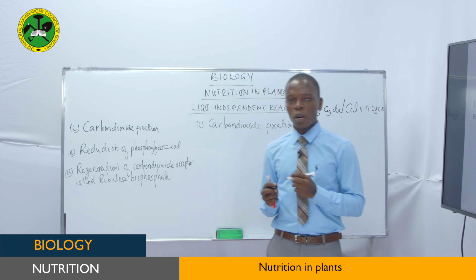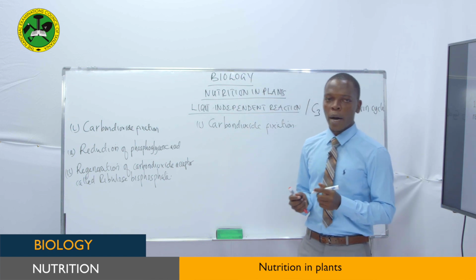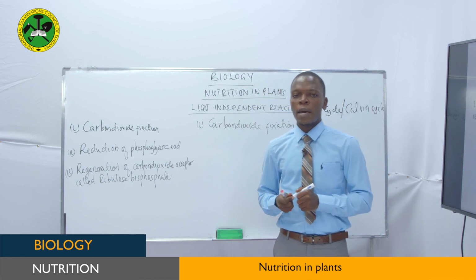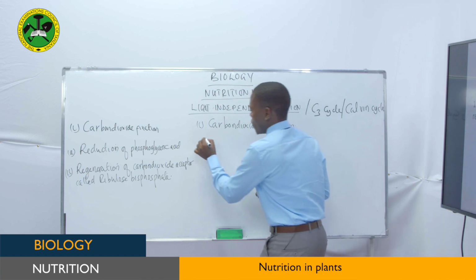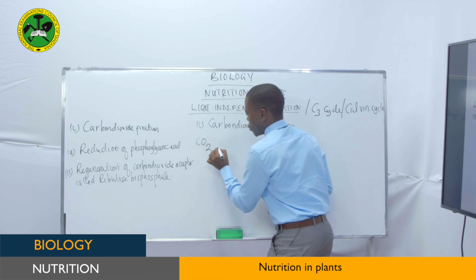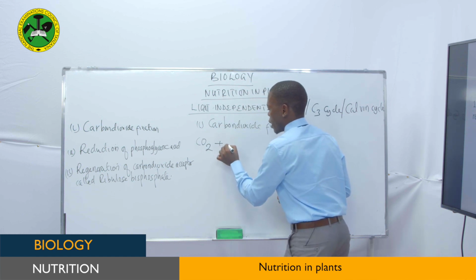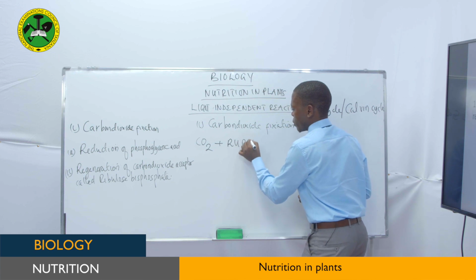When this carbon dioxide diffuses into the plant tissue, it combines with a 5-carbon compound known as ribulose biphosphate, or RuBP, a carbon dioxide acceptor.